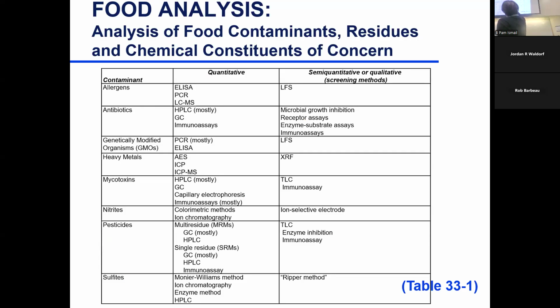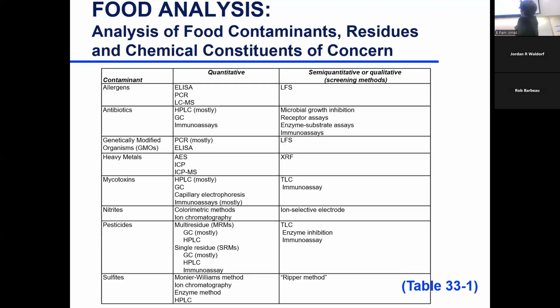So we talked already about ELISA, PCR, if we want to look at DNA of a particular source, like if you think there is peanut potentially, but not the protein, you do a PCR assay to look at DNA material rather than protein material. So most of the quantitation, you can see, is HPLC, GC, ELISA.